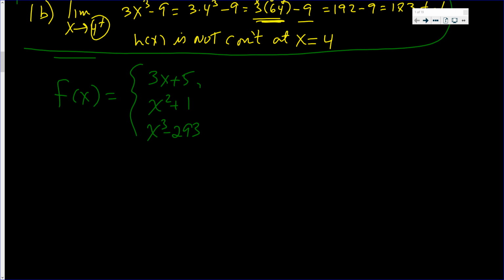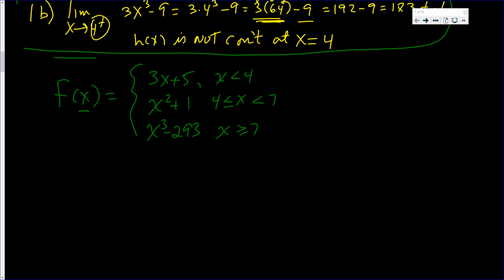My goodness, which rule do you use for f? Well, they have to tell you. You use the top rule if x is less than 4. You use the bottom rule if x is bigger than or equal to 7. You use the middle rule if x is between 4 and 7, and equal to 4.